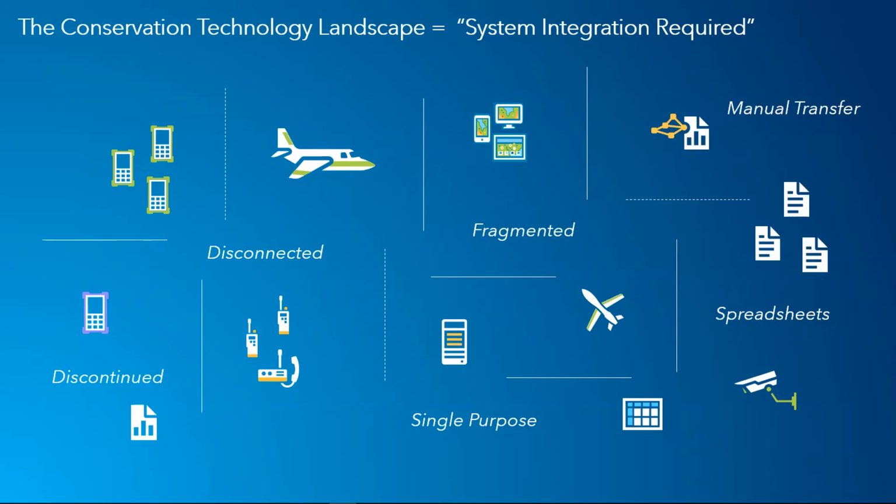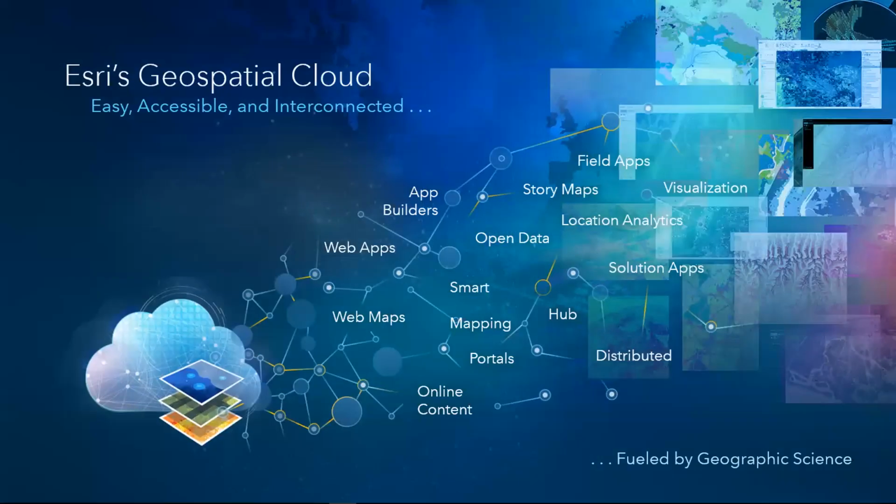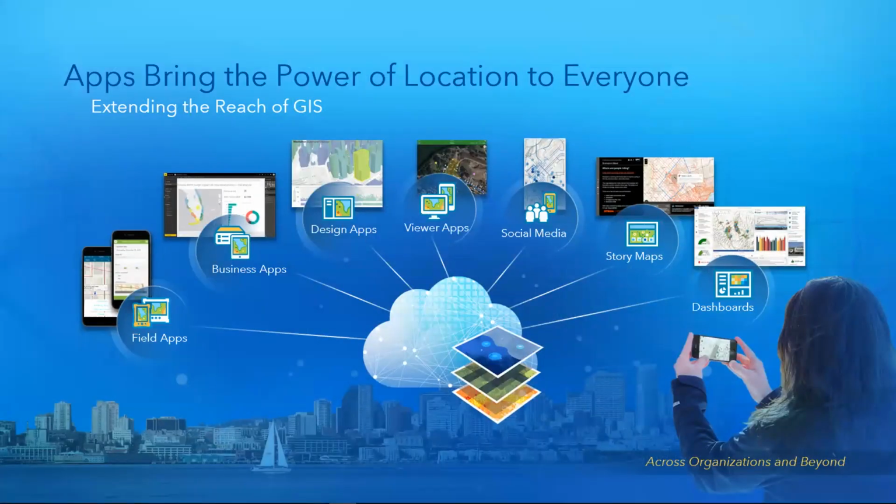That's really what we want to try and do, is to ensure that this all really comes together very cleanly. And the way we do that is really with what ArcGIS refers to as the Esri Geospatial Cloud. So this is really a collection of a lot of different technologies and systems which integrate together to really fuel the geographic science. So there are various components to it.